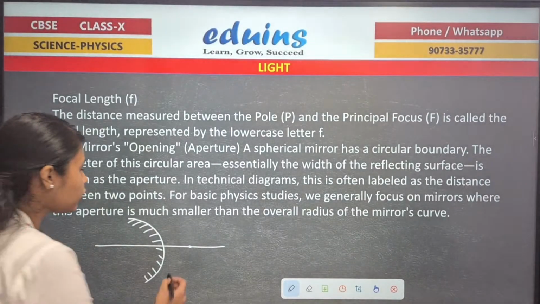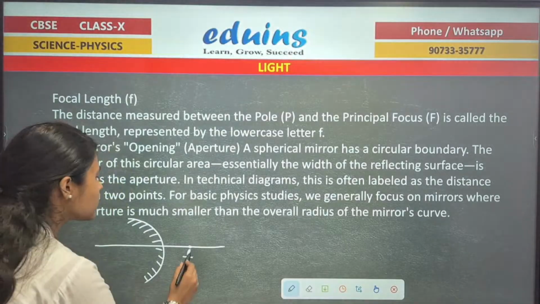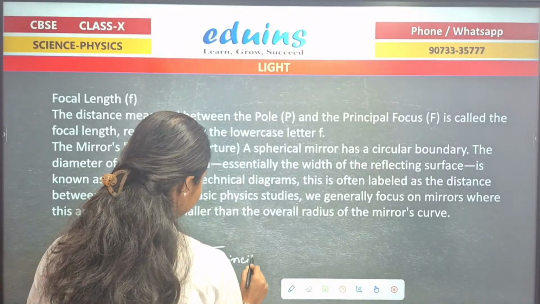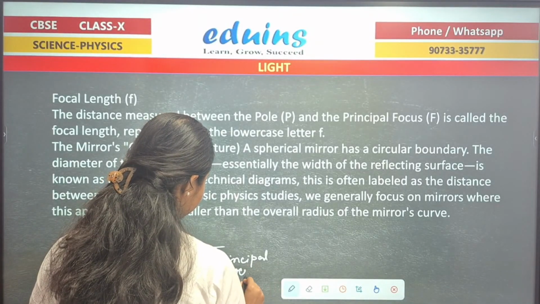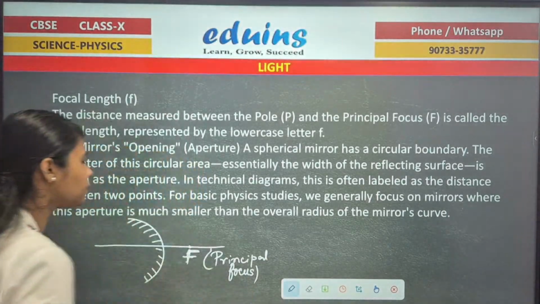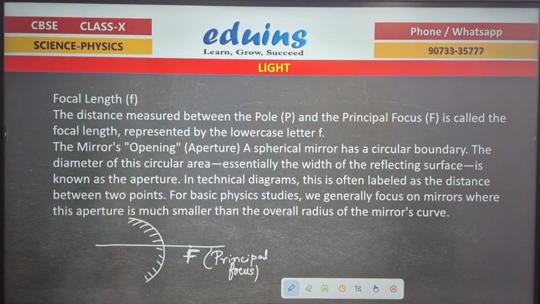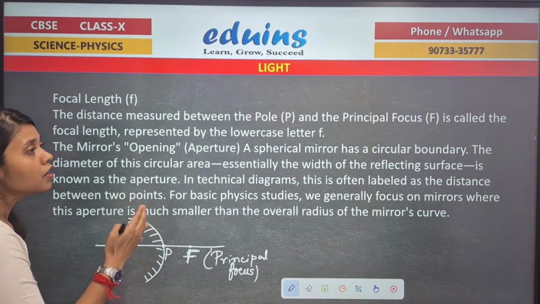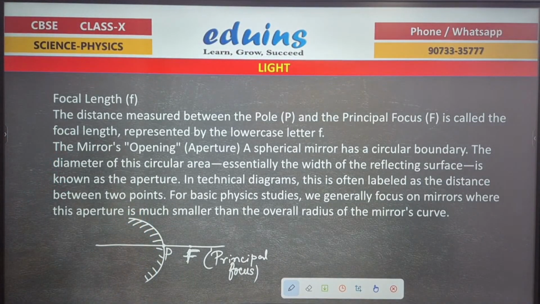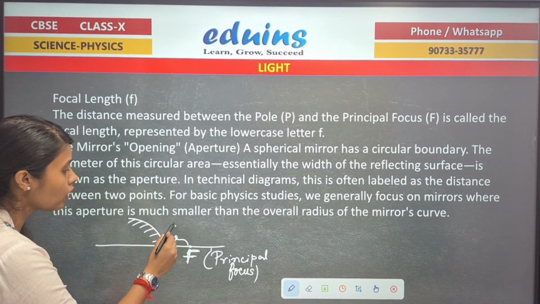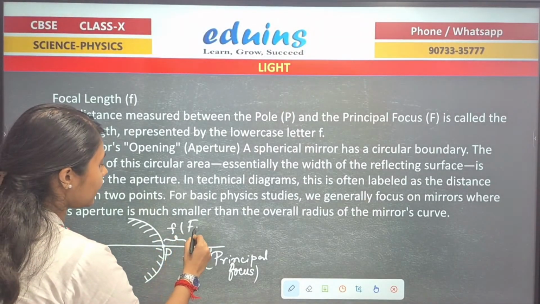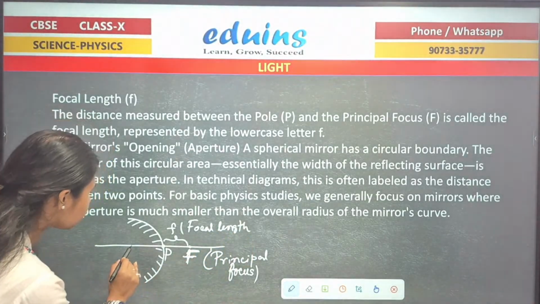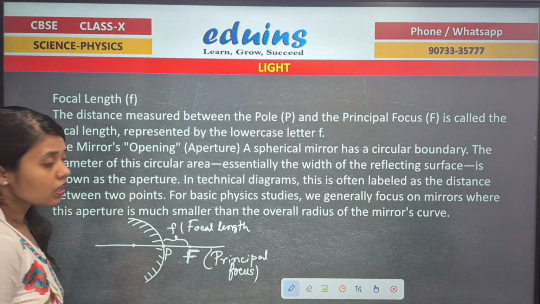Let us assume that this is the principal focus F. The distance measured between the pole and the principal focus is called the focal length. So this distance is known as the focal length. Sorry, for a convex mirror it is situated behind.